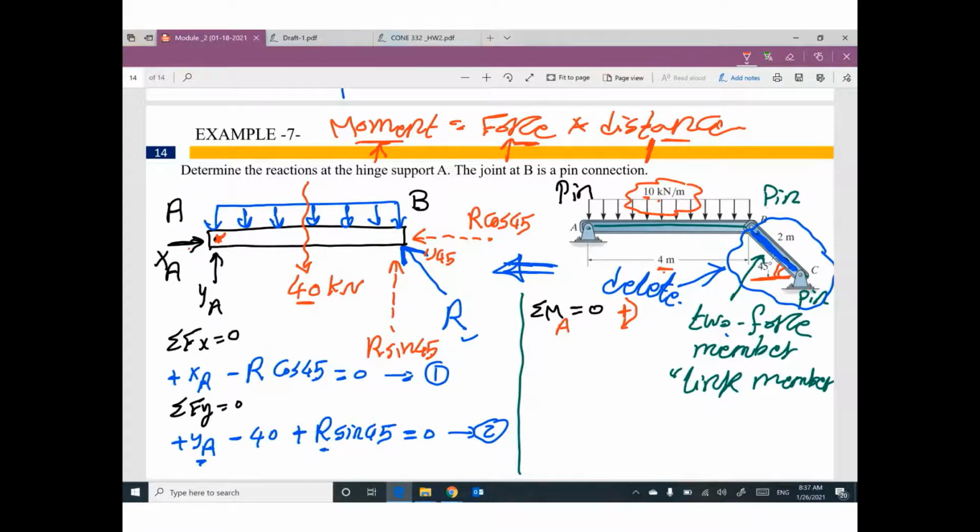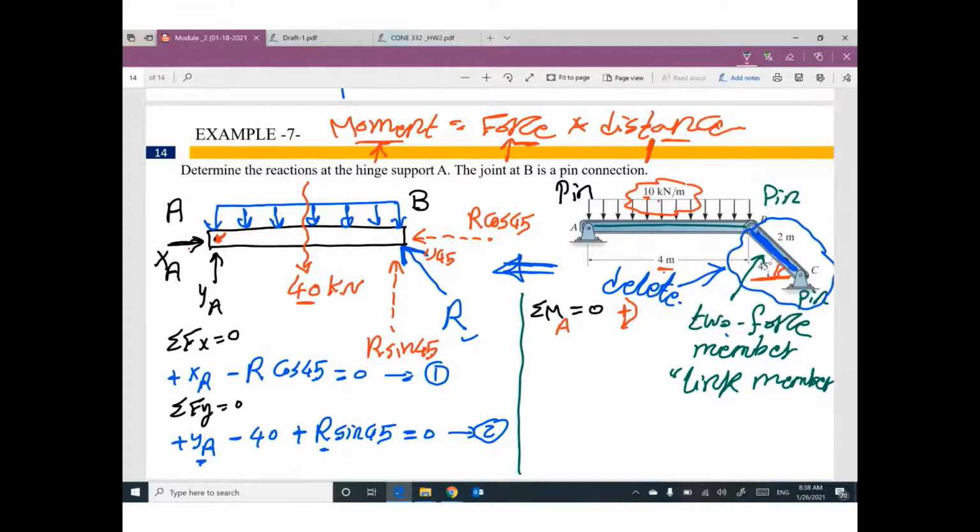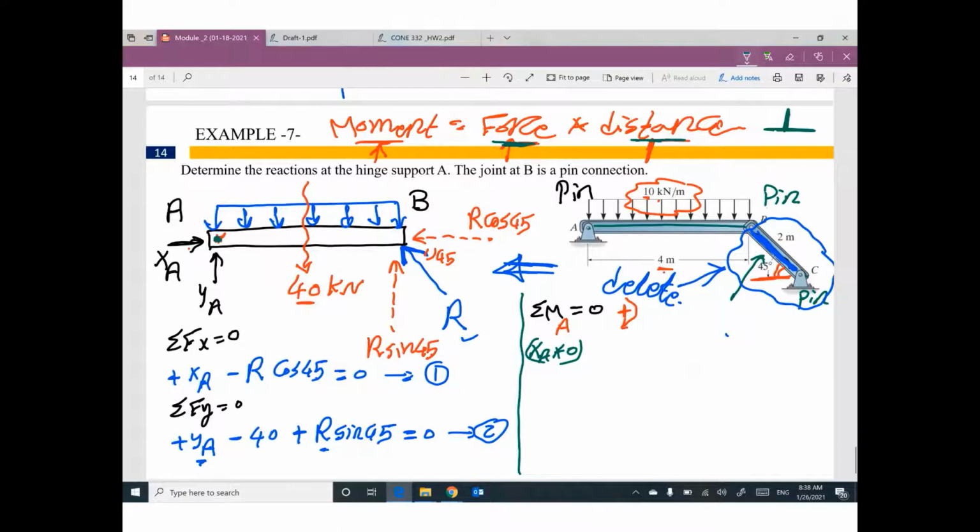So, do you remember we have a very important condition for the force and the distance? Force and the distance must be perpendicular. Be careful. Anyway, taking a moment at A, so xA times 0. yA times 0.